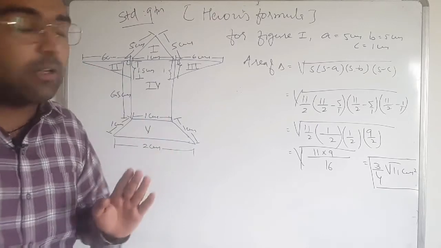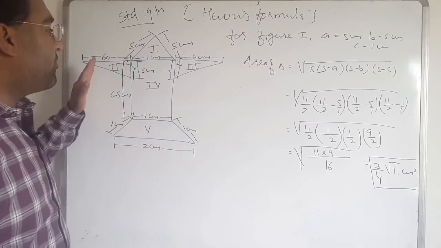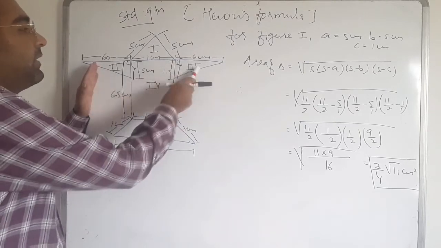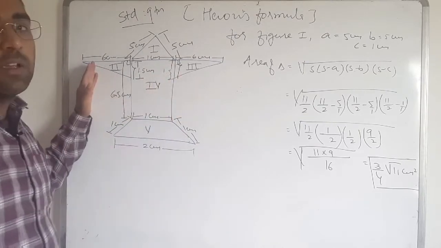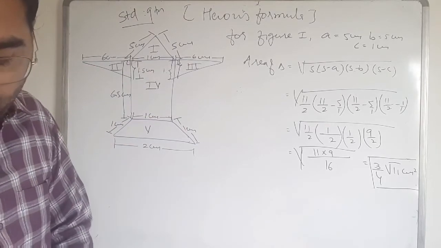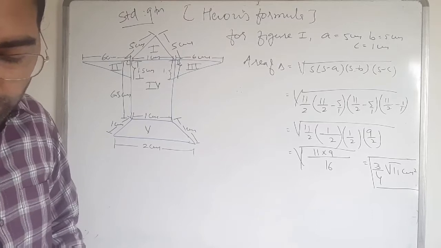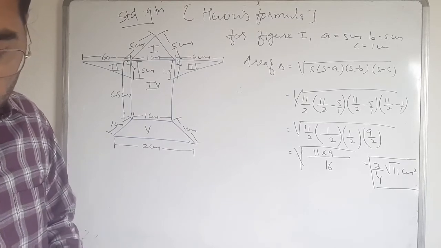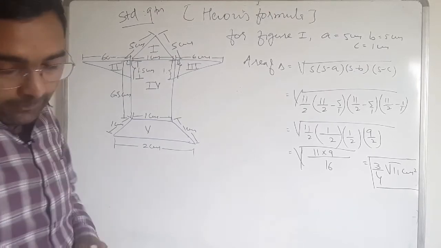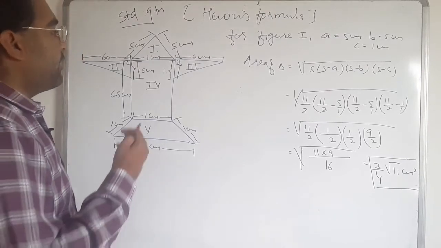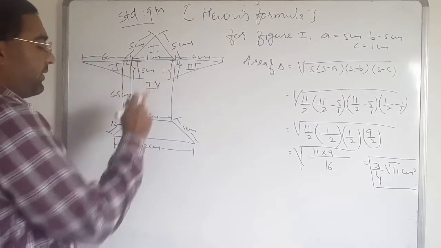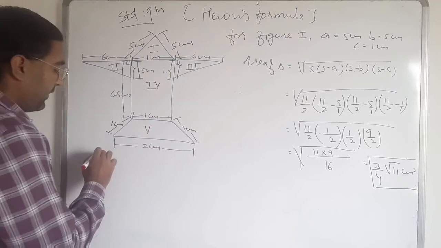So I'll find the area of only one figure and multiply with 2 to find the area of both figures. Now we have to find the area of figure 2 and 3.